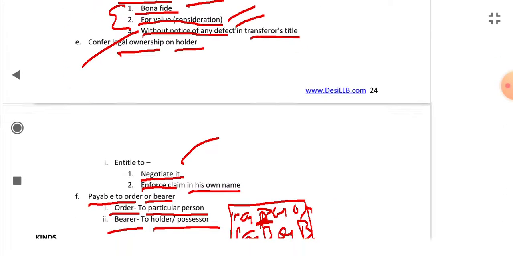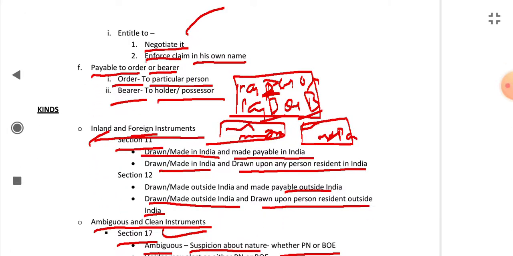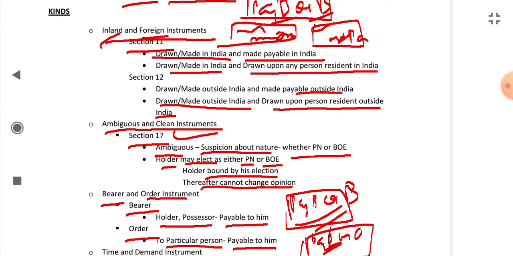And next was payable to bearer or order. What were the kinds of negotiable instruments? Inland and foreign instruments: those which were drawn, payable and drawn upon any person resident in India were inland. And those which were drawn outside India, payable outside India, or drawn upon any person resident outside India were foreign instruments.